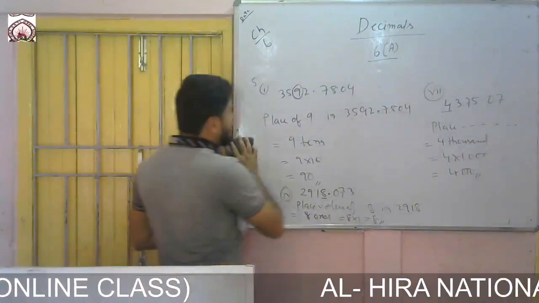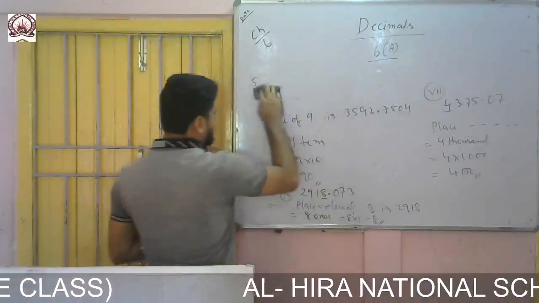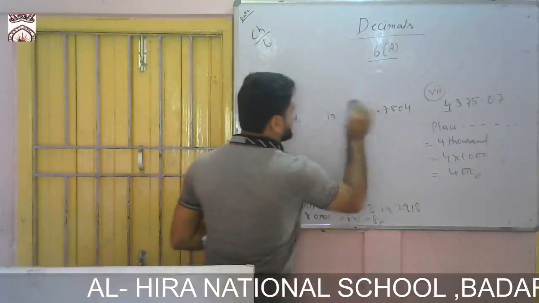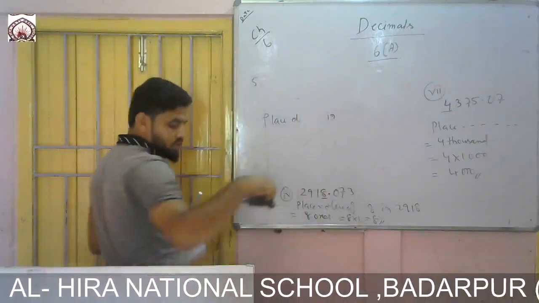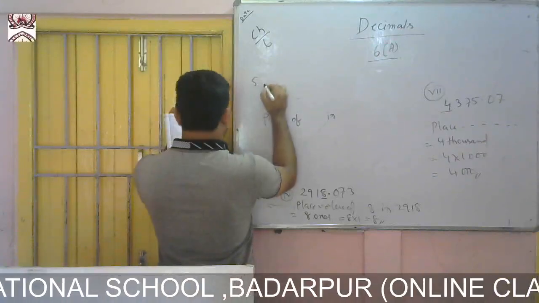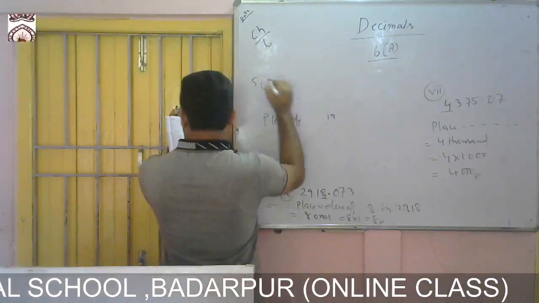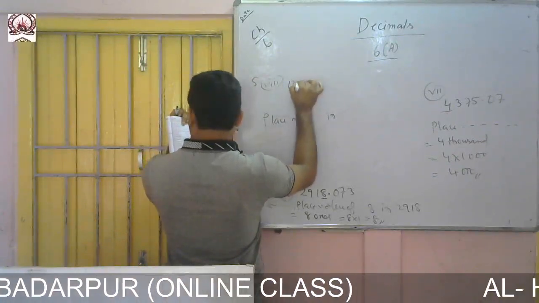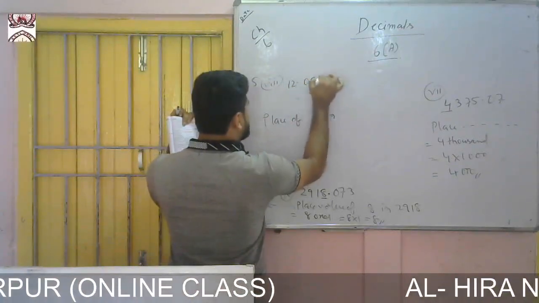Now come to question number 8. So what? Place value of which one? Question number 5, 8. What is there? 12.089.